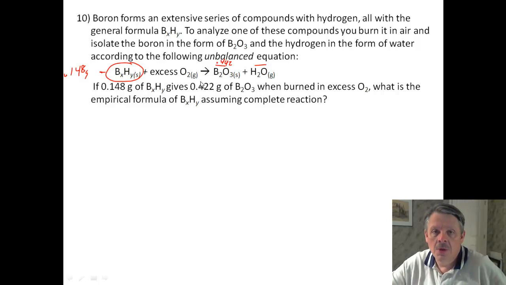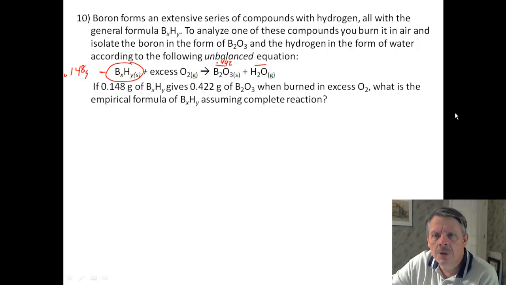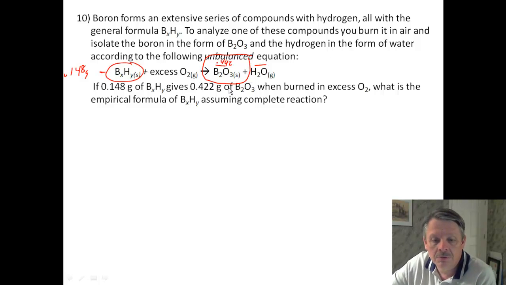So now what we have to do is figure out what our relationship is between boron and hydrogen. Okay. So the easiest thing for us to do as a start is to calculate how much boron there is in our reaction. Well, how in the world do we know that? Well, over here on the right, we know that we have 0.442 grams of boron oxide, whatever, right?